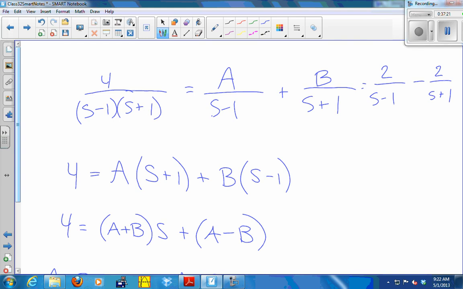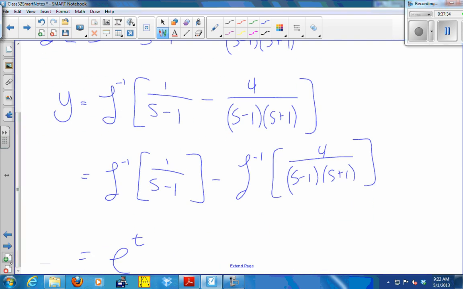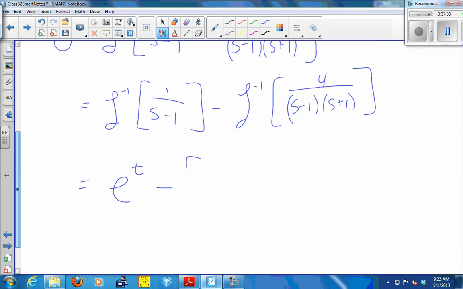All right, so we go back to the Laplace transform that we were just working on and replace 4 over s minus 1 times s plus 1 with my partial fractions, 2 over s minus 1 minus 2 over s plus 1. Minus the inverse Laplace transform of, actually I don't need this big bracket yet.